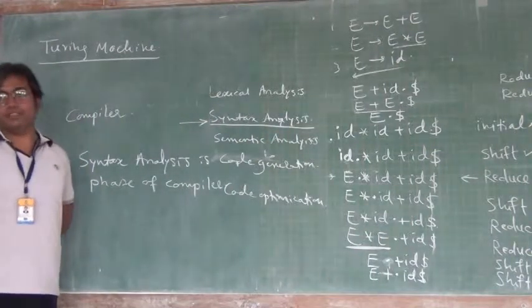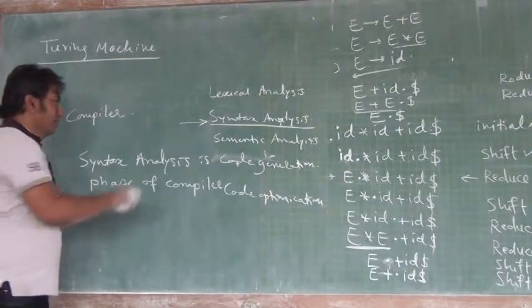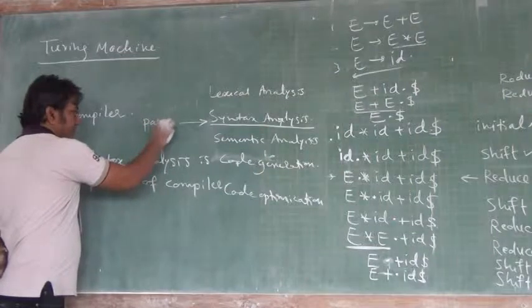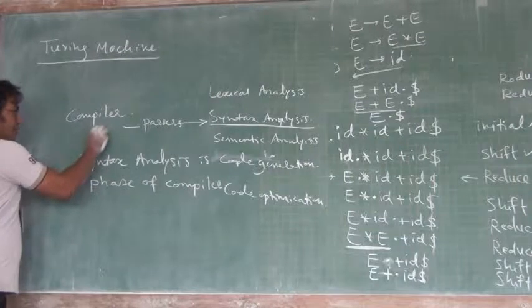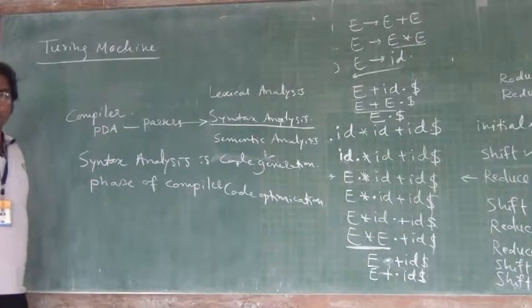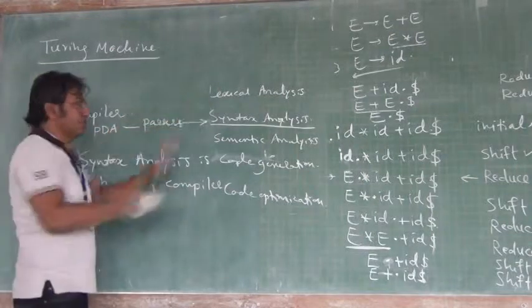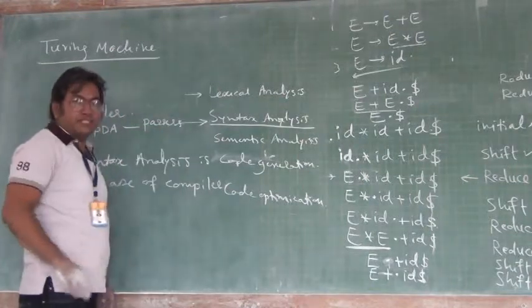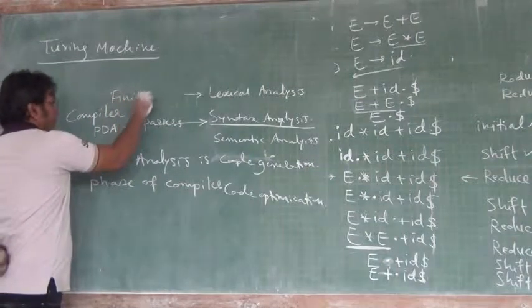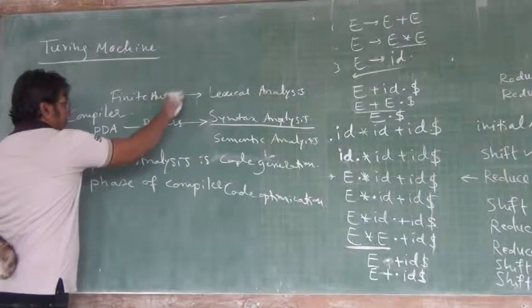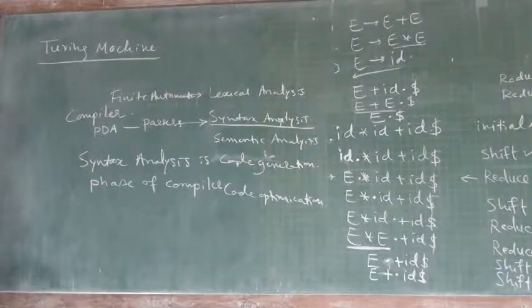These are simply the set of parsers, bottom-up or top-down parsers. Parsers are nothing but syntax analyzers, and these are built only by using the concept of PDA. Lexical analysis was the first phase of your compiler, where you were using finite automata to construct a lexical analyzer.